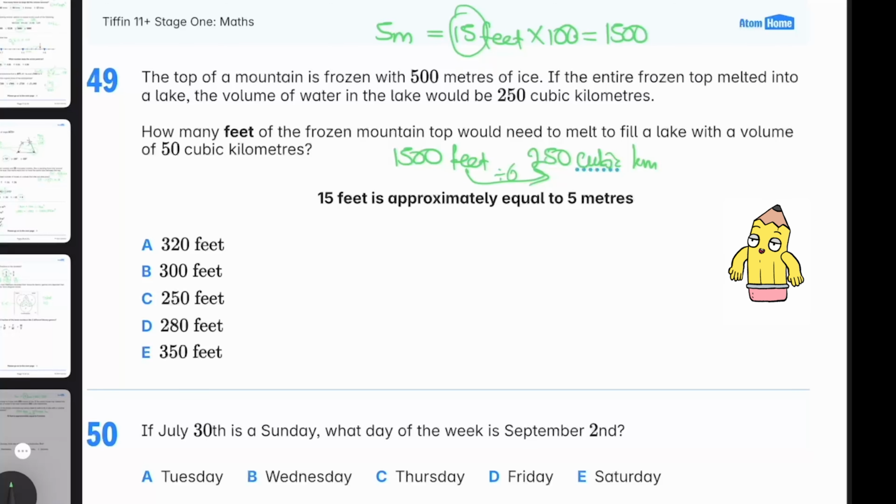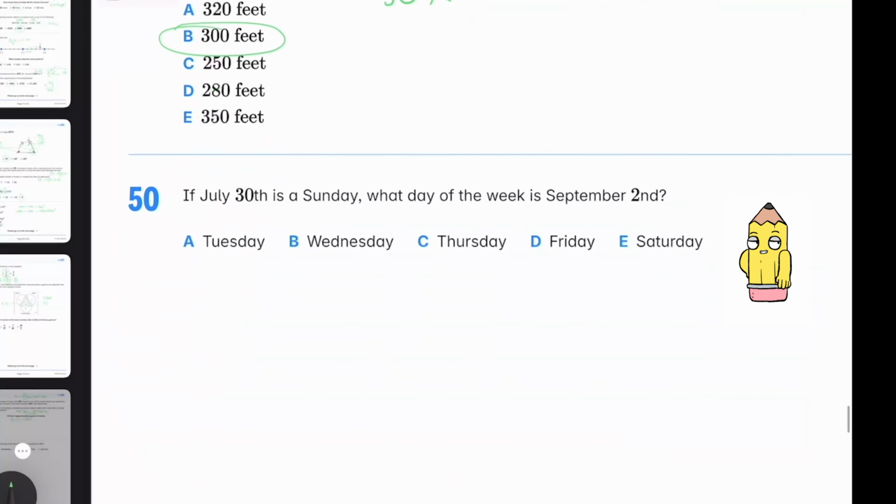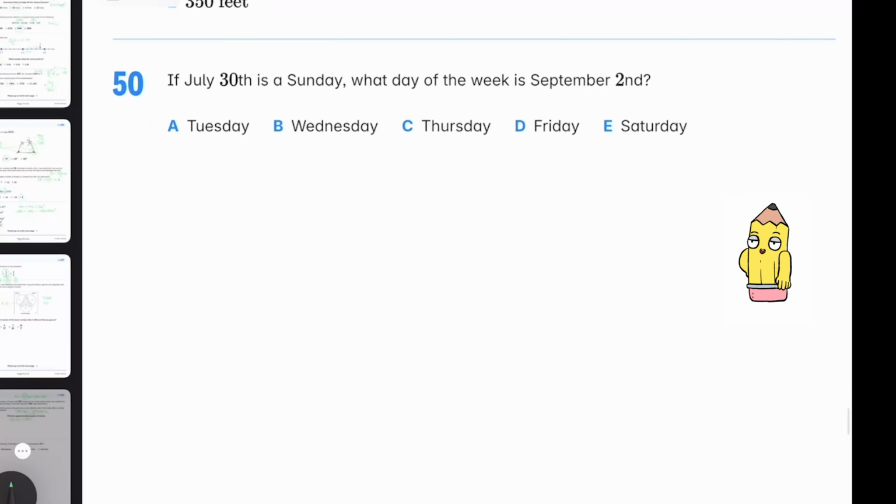So to find the missing value, we multiply 50 by 6, and that gives us 300. Therefore, 300 feet of ice would need to melt to fill 50 cubic kilometers of the lake. So I hope that was clear, and we're now over to our final question.